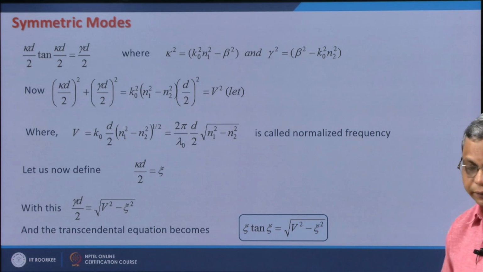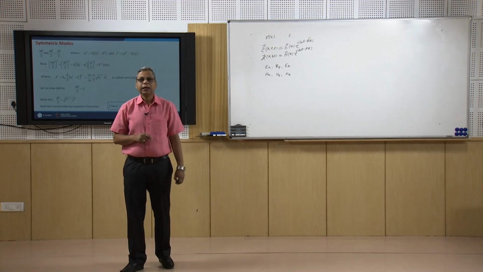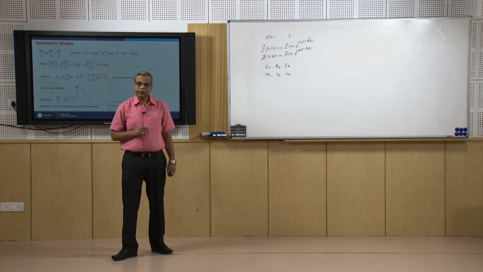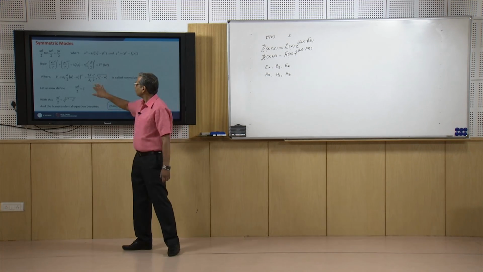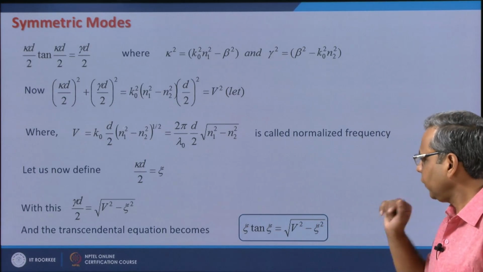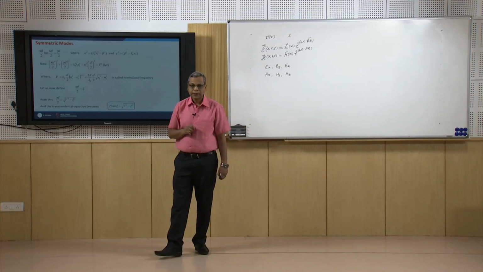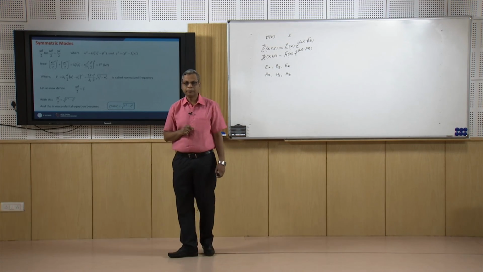In this equation I have all the input parameters in the form of v. If I have all the waveguide parameters, that is n1, n2 and d, and the wavelength at which I am operating my waveguide, then I can calculate v, and for that value of v I can solve this transcendental equation and get the values of xi and hence the values of beta.